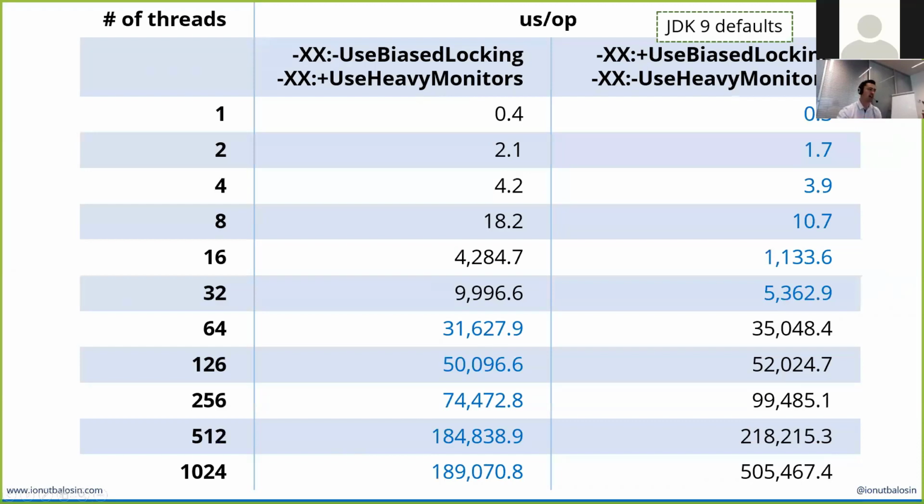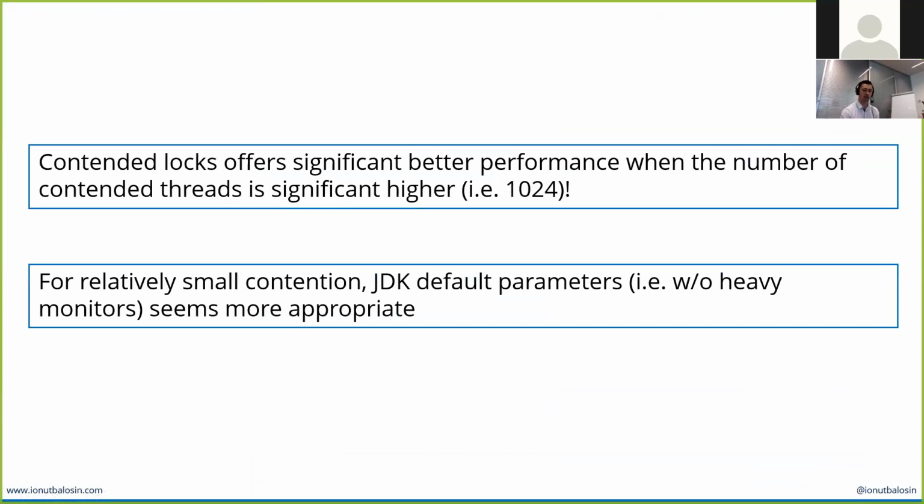So take care of this scenario. If you have a lot of threads sharing the same lock, it's probably better to consider enabling the heavy monitors. However, if the contention is lower, as it was in my case, up to 32 threads, probably you should leave the default JDK parameters.